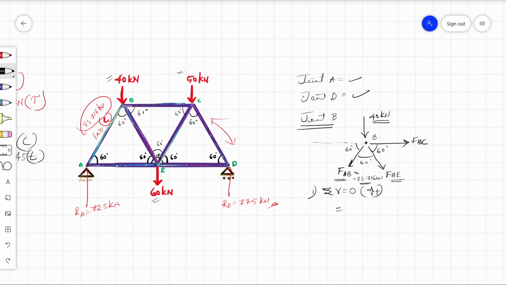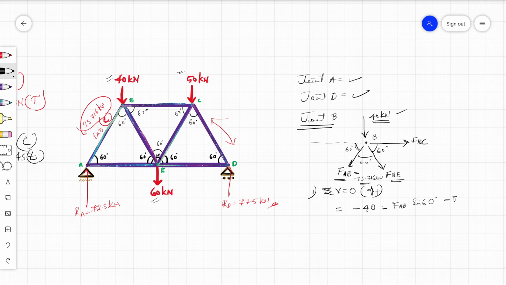So what will be the value? That is minus 40 if I take this as the first force. Second, let me take FAB because we already know the value of FAB. That is minus FAB sine 60, because I am taking theta with the x-axis.